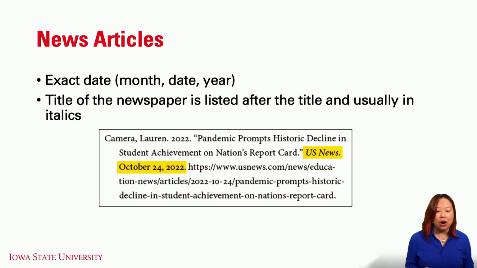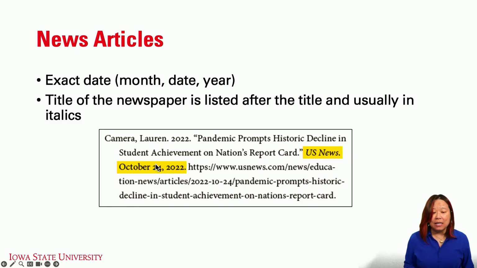The title of the newspaper is usually listed after the title of the news article, and the title of the newspaper is usually in italics, like I said, not always.